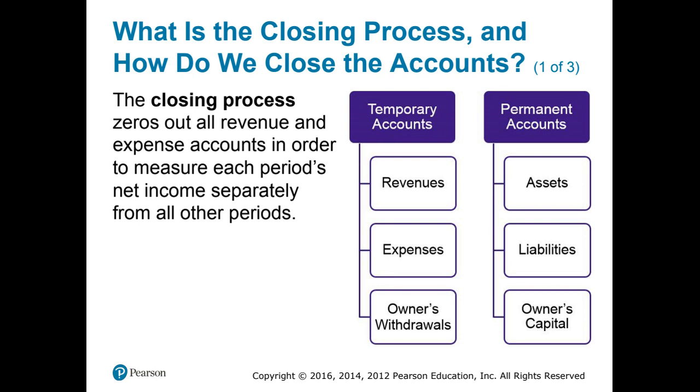Permanent accounts are accounts that are going to roll over into the next fiscal year. So for temporary accounts, we have revenues, expenses, owner's withdrawals. Those are all temporary accounts. Permanent accounts, those are assets, liabilities, owner's equity.